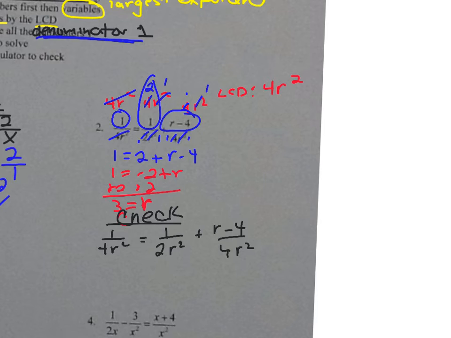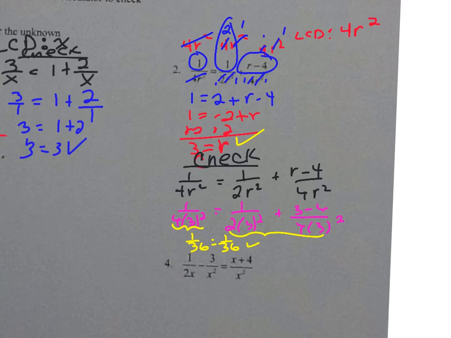So we're plugging in 3. 1 over 4 times 3 squared equals 1 over 2 times 3 squared plus 3 minus 4 over 4 times 3 squared. All right, so you're going to use your calculator. Plug this side in first. Use the fraction key. And you get 1 over 36. And then plug this all in at one time using the fraction keys. And they are equal. 1 over 36 equals 1 over 36. So this works. All right, let's take a look at number 3.